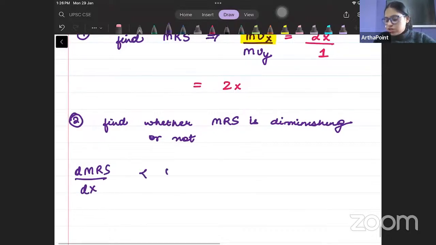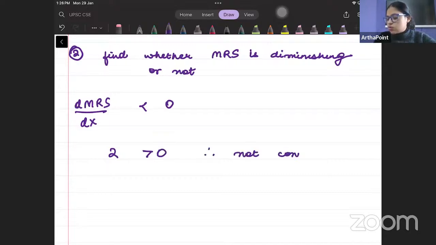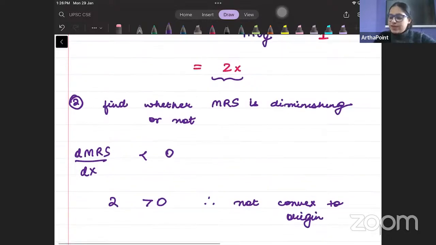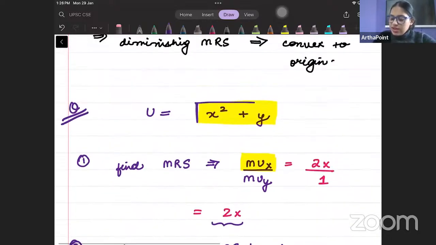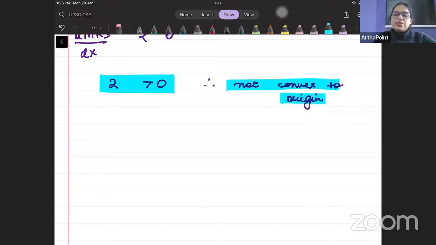If it is diminishing, it will be negative. इसको differentiate करो with respect to x. What will you get? 2. 2 is positive. Therefore, it is not convex to origin. ये जो हमें यूटिलिटी फंक्शन दिया है, this is not a well defined utility function, because my MRS is non-diminishing. वो डिमिनिशिंग एमआरएस नहीं है.